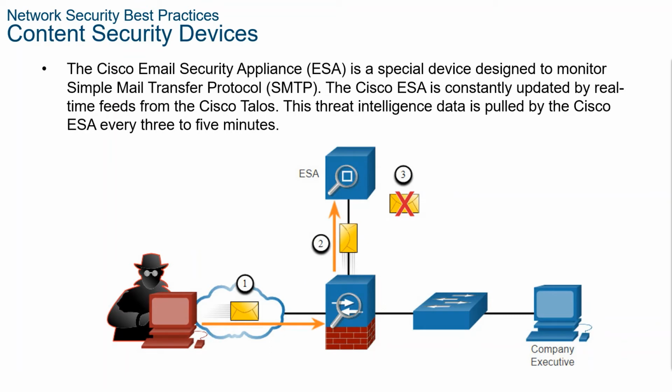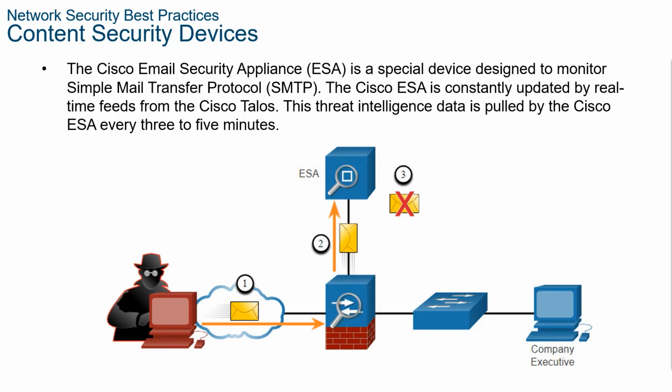Content security devices. Content security appliances include fine-grained control over email and web browsing for an organization's users. This includes the Cisco Email Security Appliance, or ESA. This email security appliance is a special device designed to monitor Simple Mail Transfer Protocol, or SMTP.